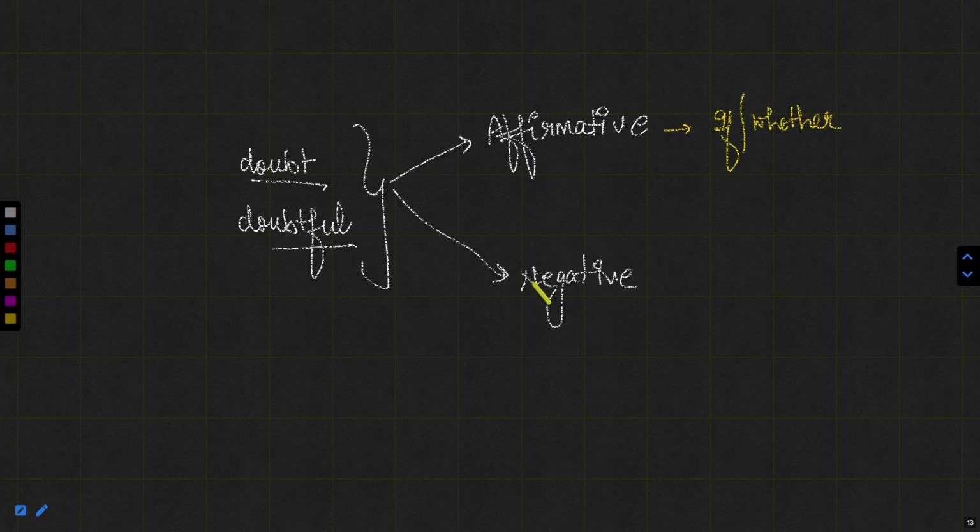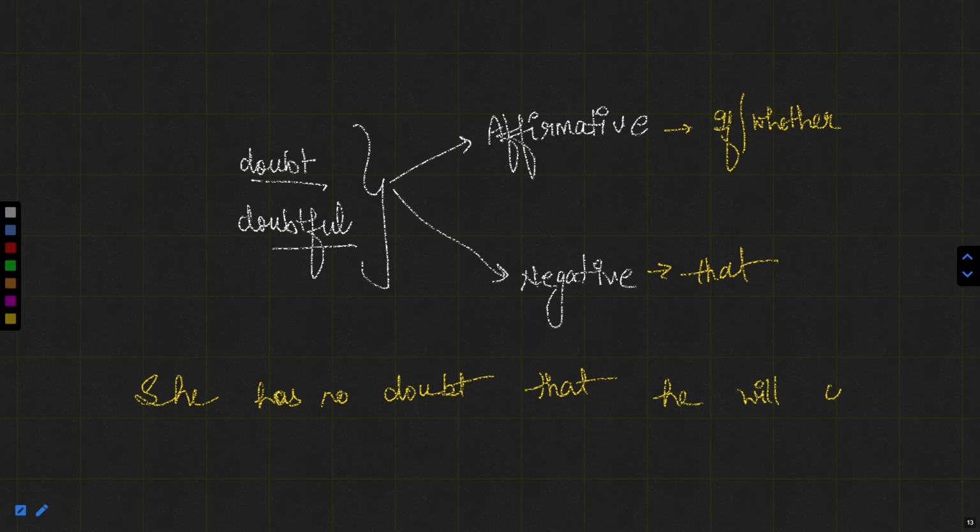And if the sentence is negative, we use the word that. For example, she has no doubt that he will come. Because here it is written no doubt, I'm using the word that.